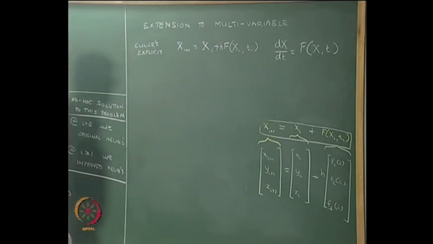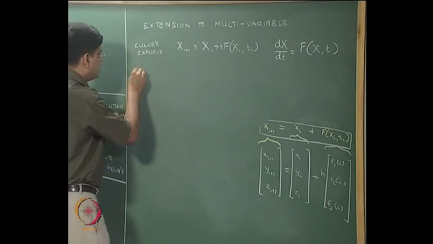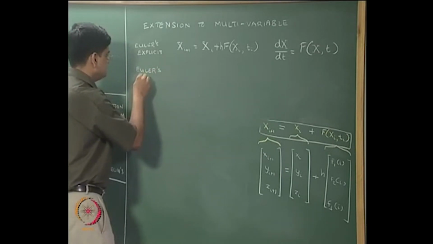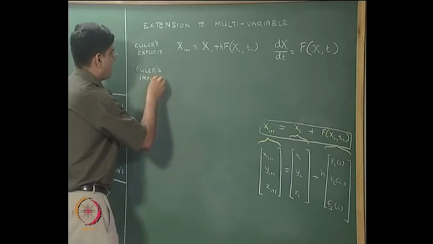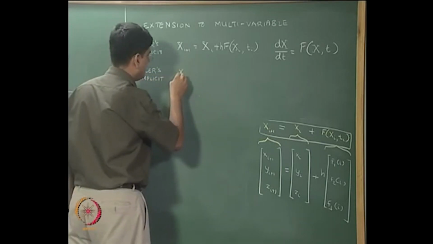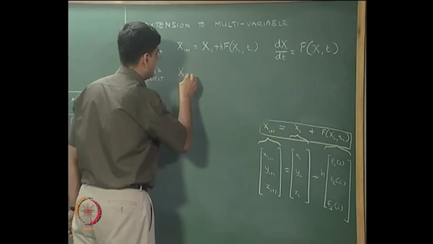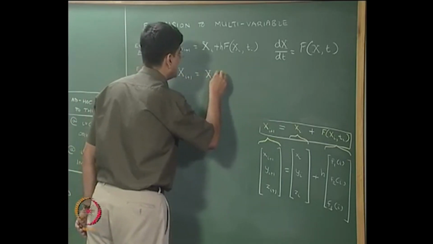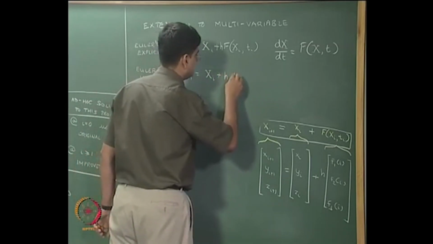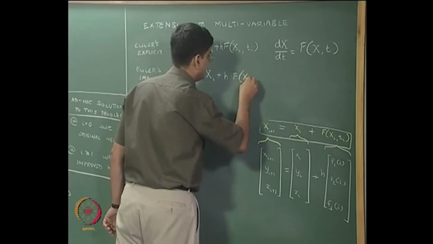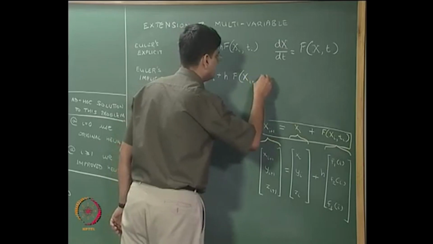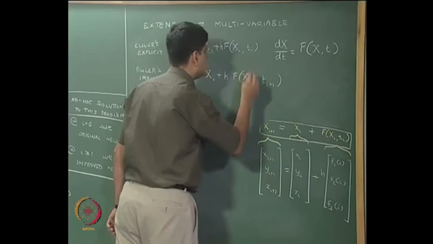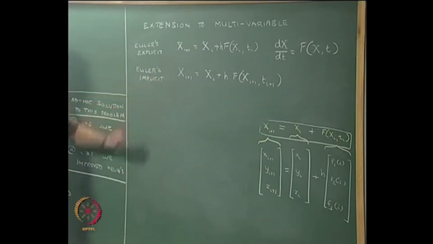Okay. This is going to be Euler's explicit. Euler's implicit will be X i plus 1 equal to X i plus h multiplied by F of X i plus 1 comma t i plus 1. This becomes the Euler's implicit method.